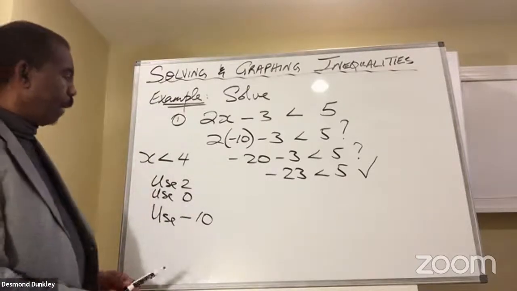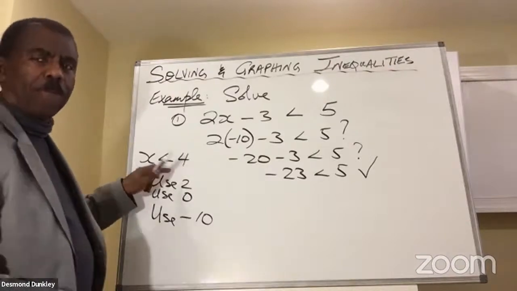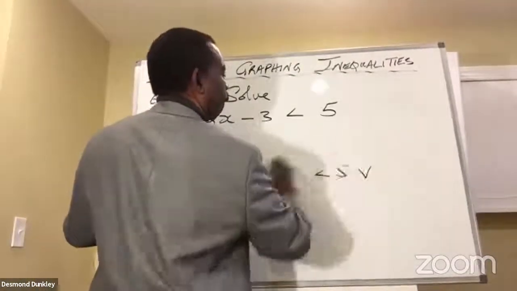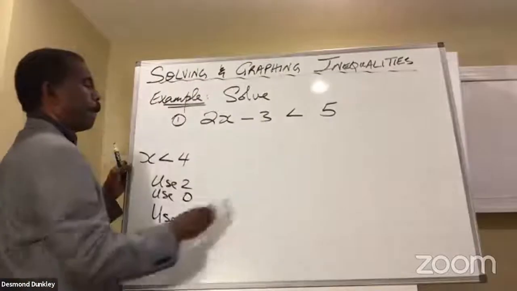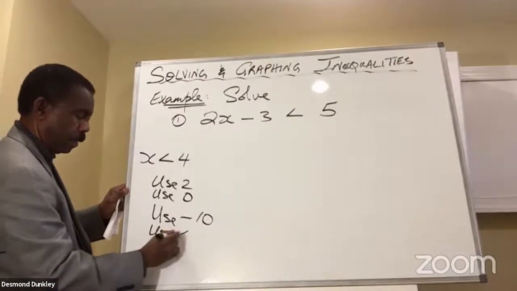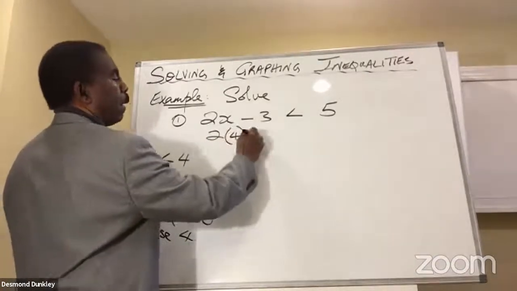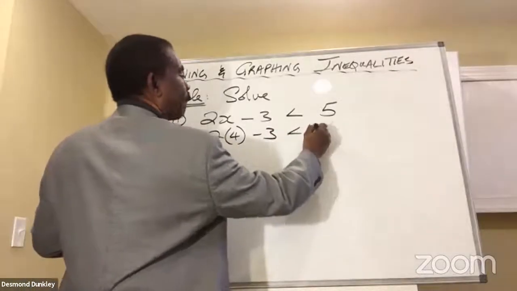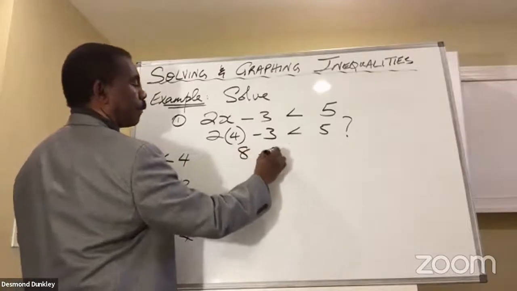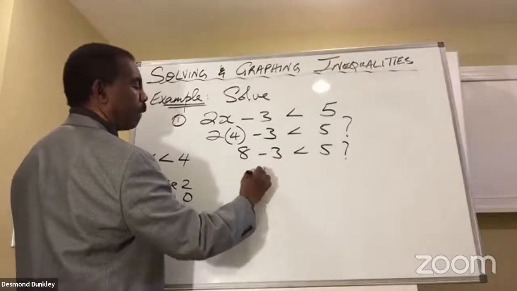Okay? So let's try a number. We say x has to be less than 4. Let's try 4 and see what happens. 2 times 4 minus 3, is that less than 5? 2 times 4 is 8, minus 3. 8 take away 3 is 5.